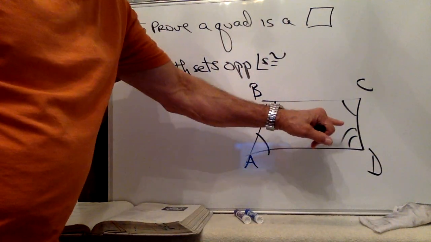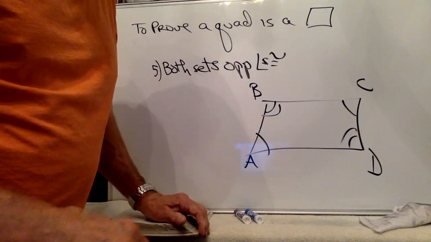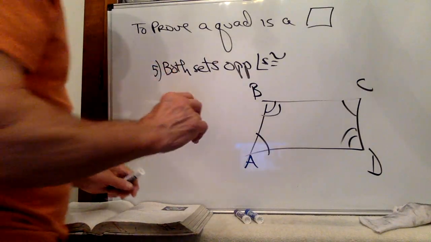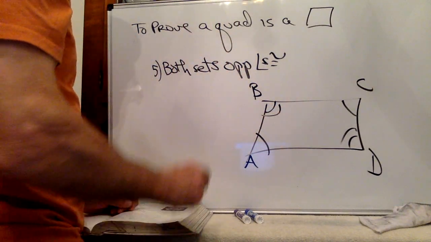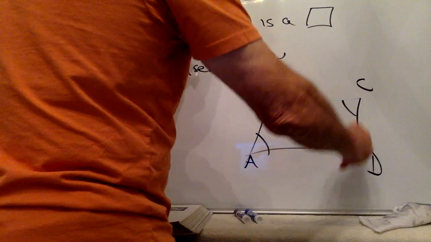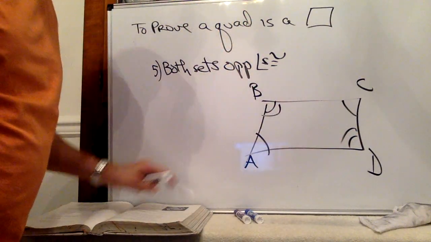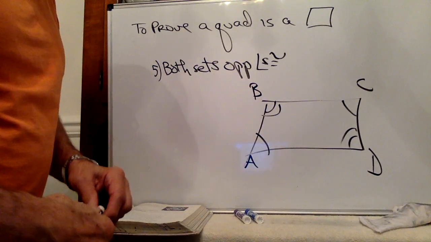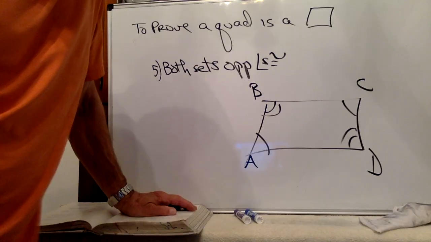But here, and again, we can't prove this one yet. We need to know about the sum of the angles in a quadrilateral first. So I'll come back and prove this one for you later. But if you ever have a 4-sided figure where both sets of opposite angles are congruent, this figure must be a parallelogram. And for right now, we're going to accept this as a postulate.